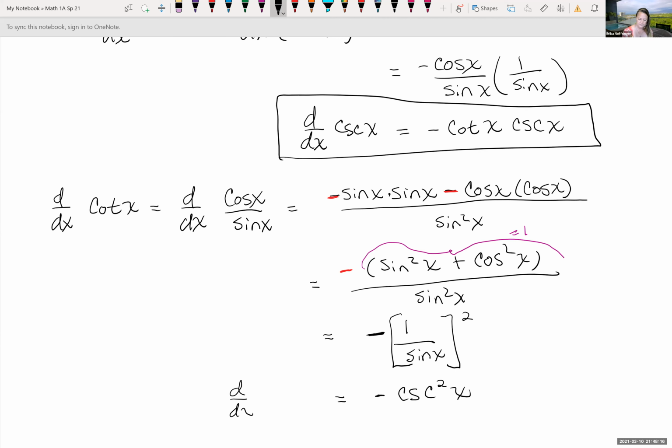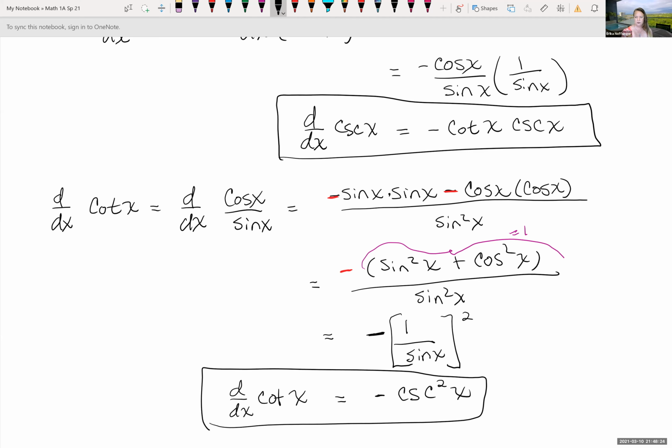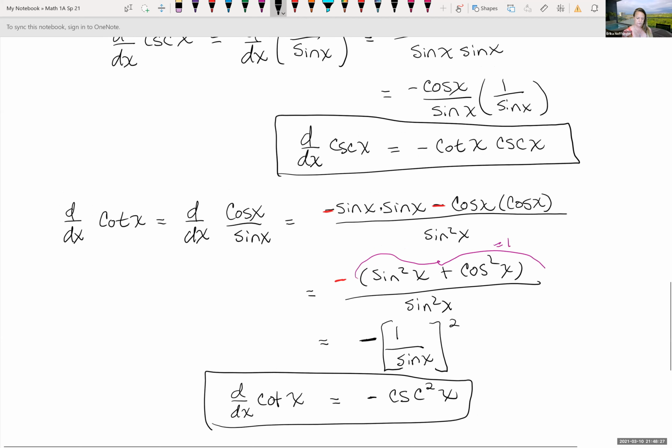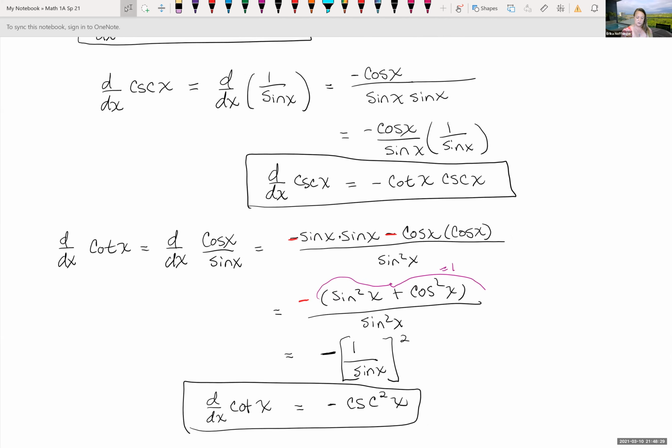So the derivative of cotangent is negative cosecant squared. So you should be able to derive those pretty quickly if you didn't remember them, so that you could use it.